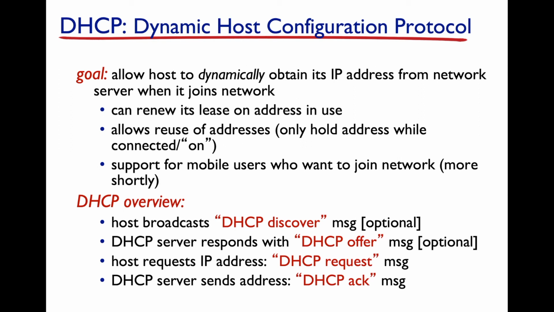Now, of course, this is immensely useful, and there are a bunch of messages that go back and forth. The first is a broadcast by that host that joins. And the reason why it's a broadcast instead of a direct message, point-to-point, using something like TCP or UDP, is because it doesn't yet have an IP address. You can't send data to something that doesn't have an IP address. So the host engages in broadcast, and broadcast is done through a special IP address that lets the system know that this should be forwarded to everybody on the network. And so the host broadcasts a DHCP discover.